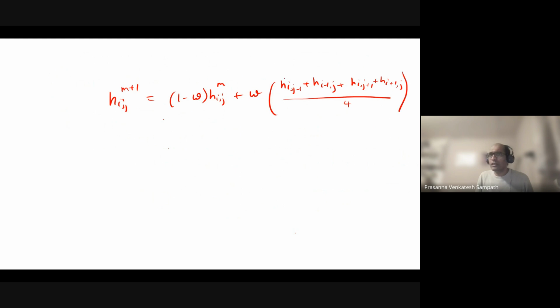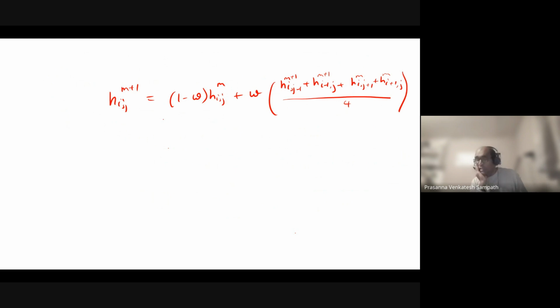These terms are at the m plus 1th iteration and these two are at m. So this is basically the successive over relaxation technique.